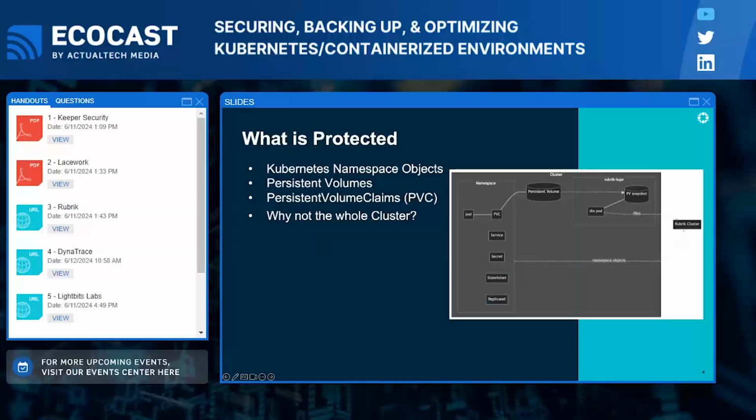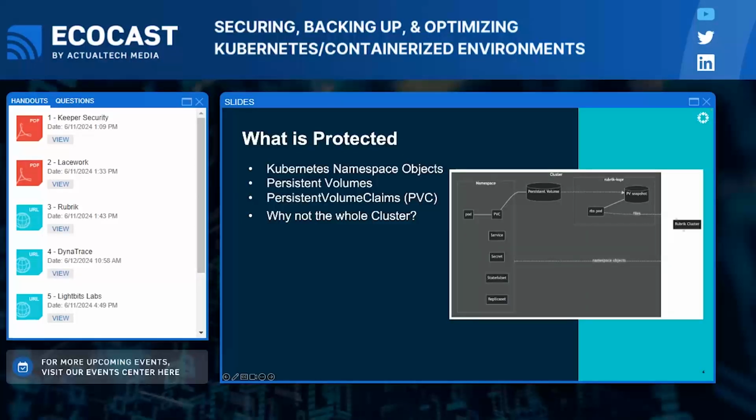That storage is attached to specific worker nodes, so there's no guarantee that we'll get the persistent volume or the PVC connected to the right spot. There's a lot of sort of in flux state when we start talking about distributed clusters like Kubernetes.